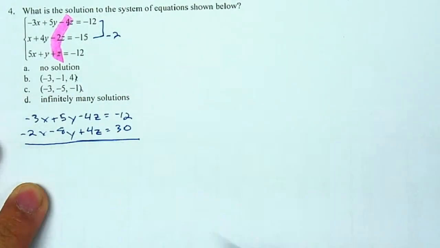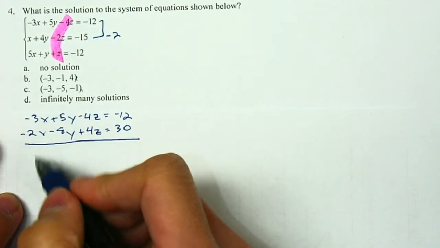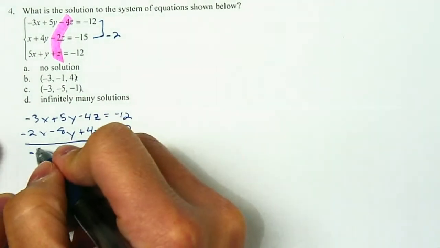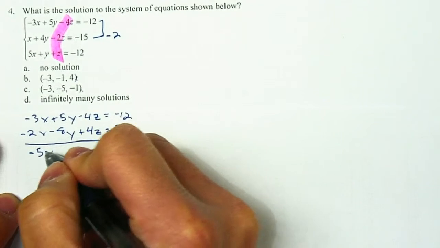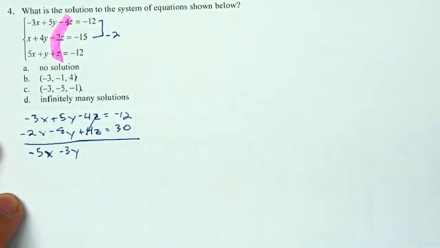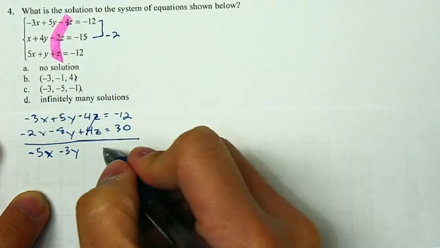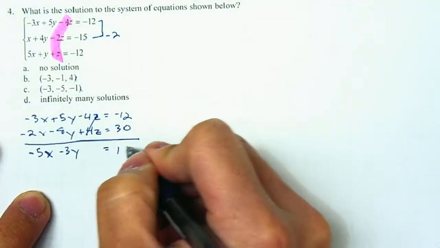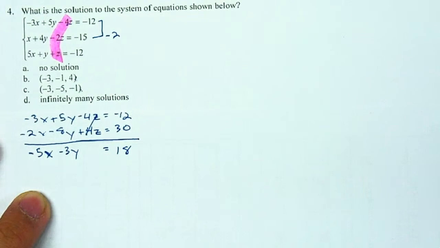And combining those two equations is going to give me -5x, -3y. The z's are gone. That's what I intended, I wanted those as opposites so one of my variables cancels out. And here I get 18, positive.